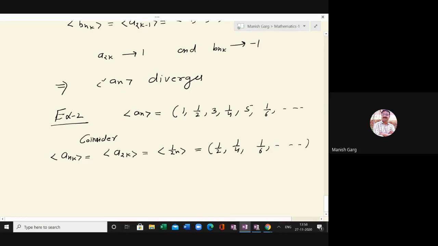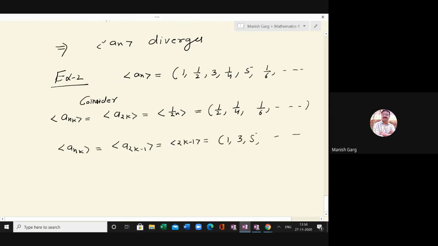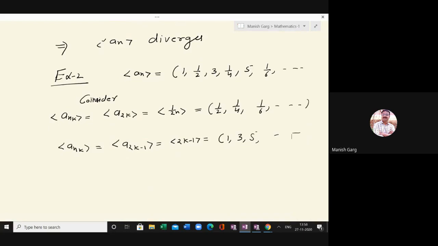Second, I am taking a_{2k-1}, where you are taking 2k-1, so this is 1, 3, 5. Here I consider these two. Suppose this is a_{m_k}.